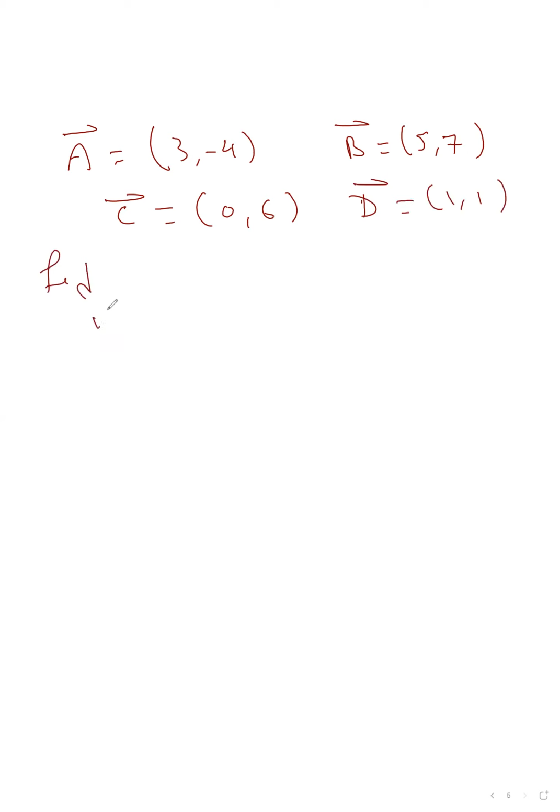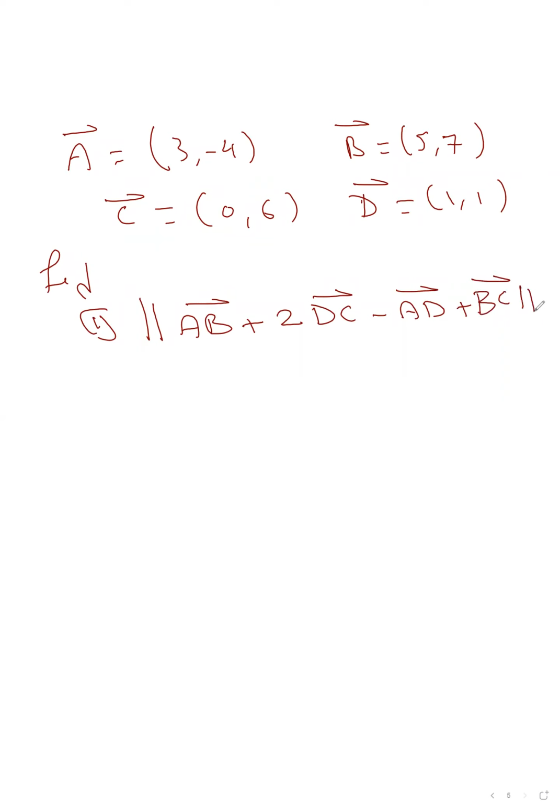Find number 1, the norm of AB plus 2DC minus AD plus BC. It's okay. Let's see, first, what are all of these equal? AB plus 2DC minus AD plus BC equals.